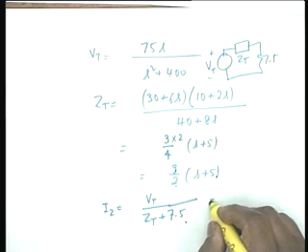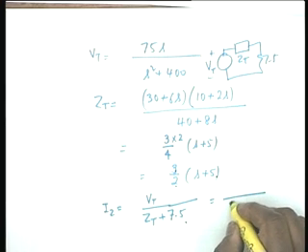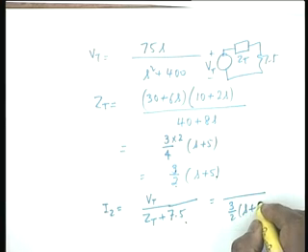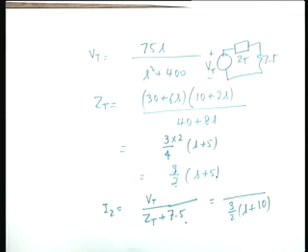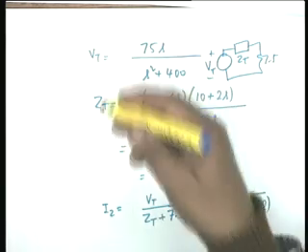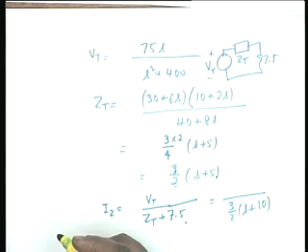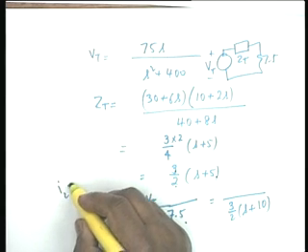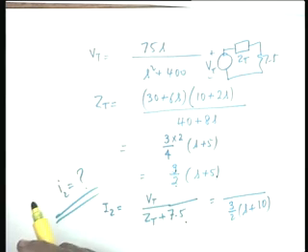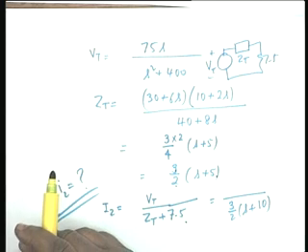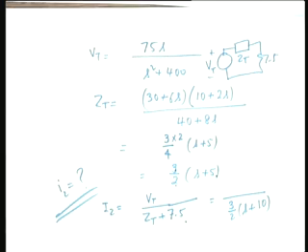So the denominator here shall be simply 3 by 2 S plus 10. That is correct. And whatever the numerator is, you can now go ahead and solve it. You go ahead and do it. Okay. This is where we close.